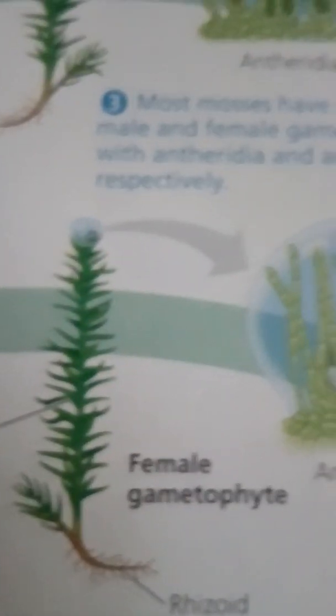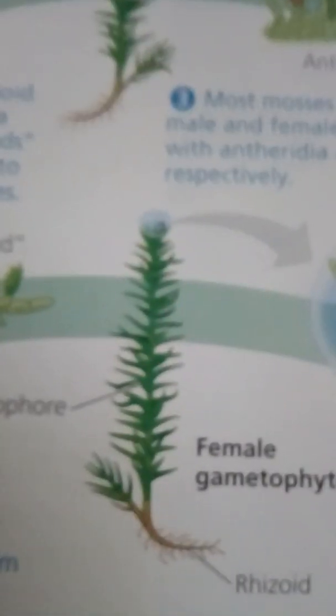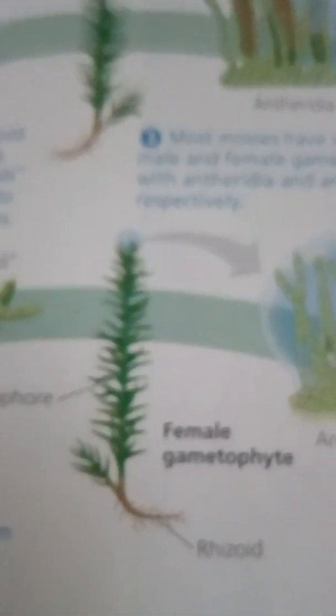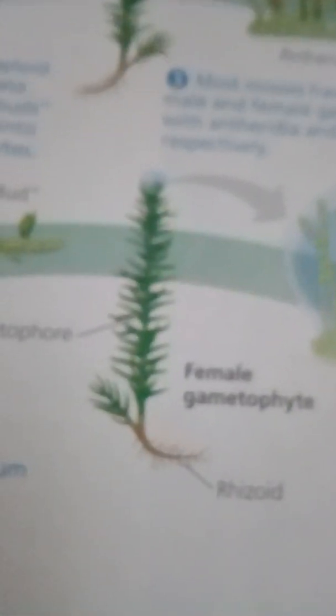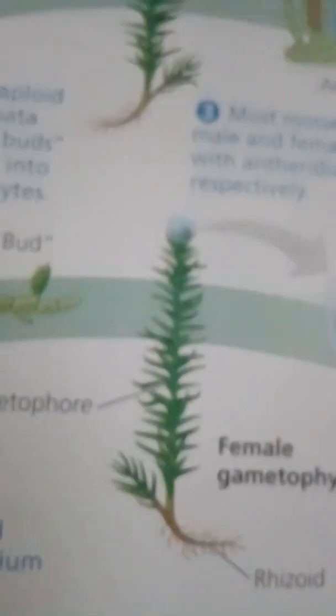Eggs are not released but instead remain within the bases of archegonia. After fertilization, embryos are retained within archegonia. Layers of placental transfer cells help transport nutrients to the embryos as they develop into sporophytes.